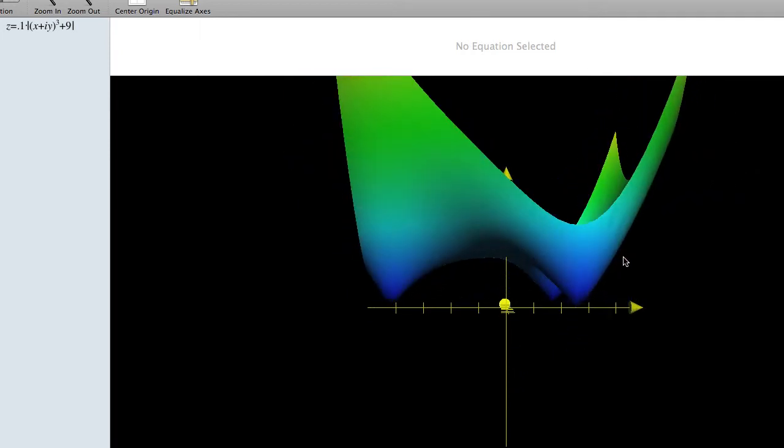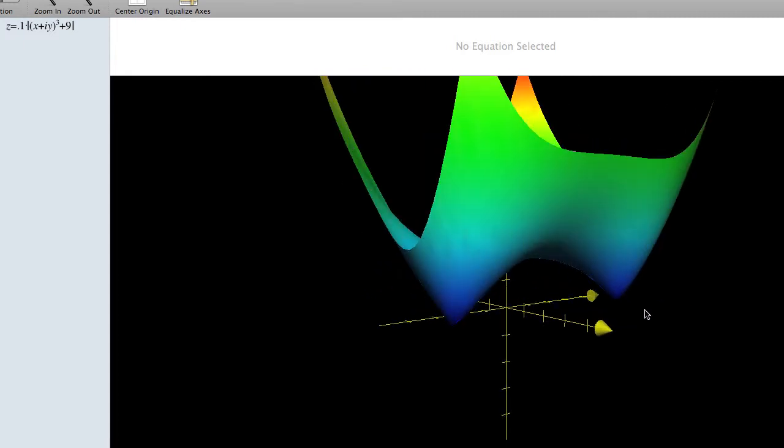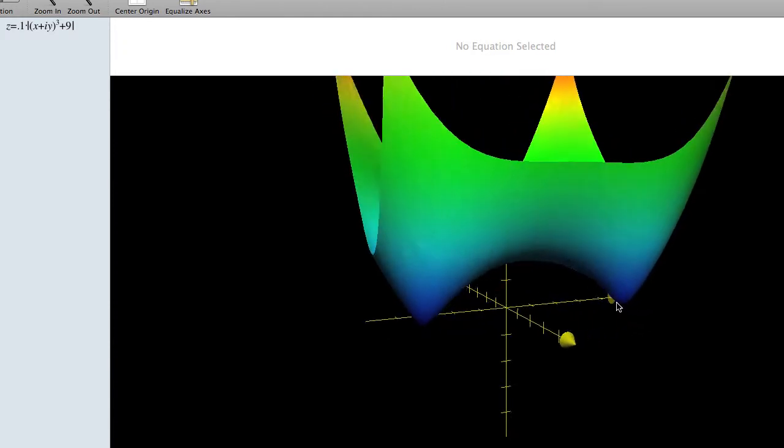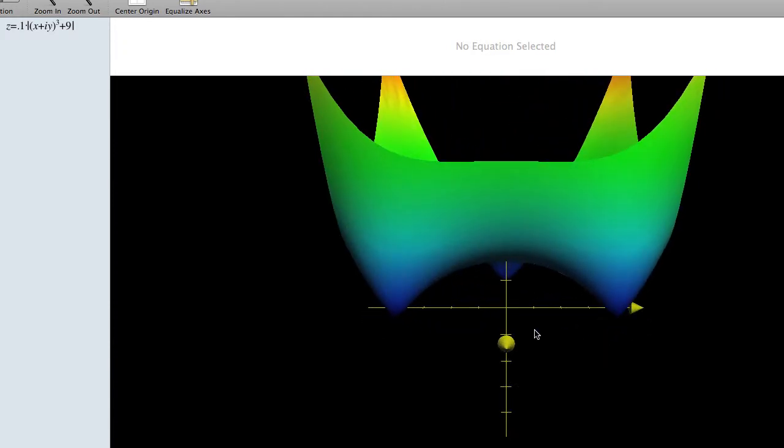Notice that here's our real root. This is the real axis here. So we have our real root at negative cube root of 9. That's what this is. And then we have our two complex conjugate roots located right here, on equal plus and minus sides along the y-axis.